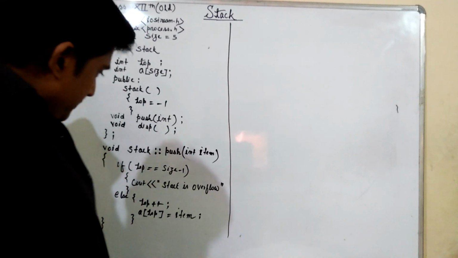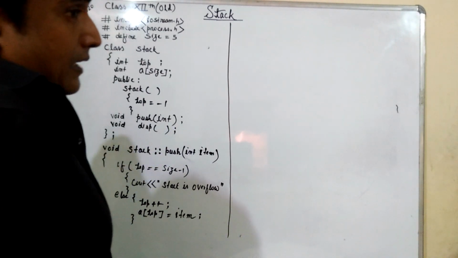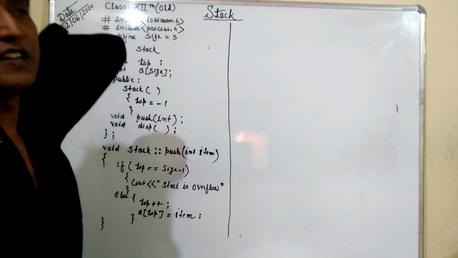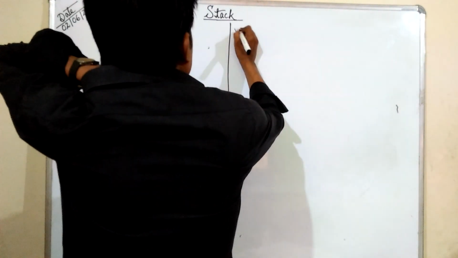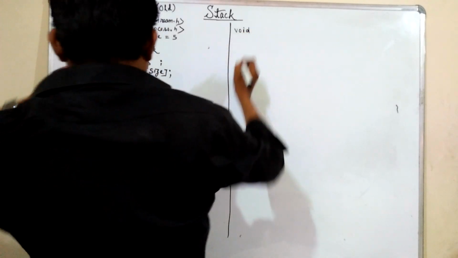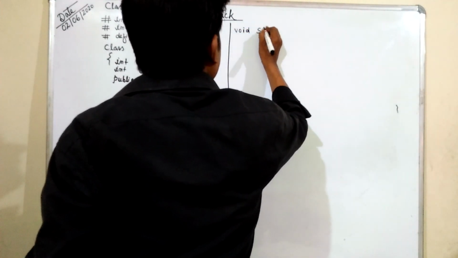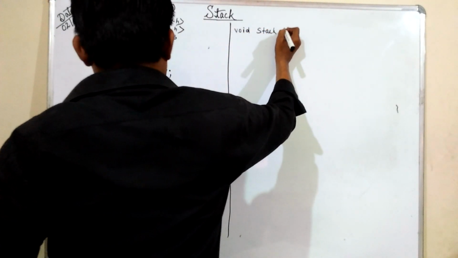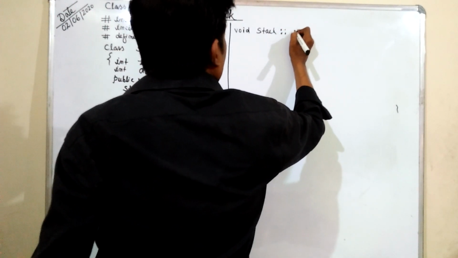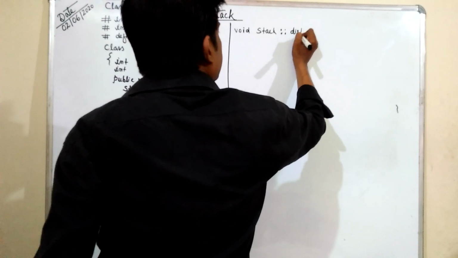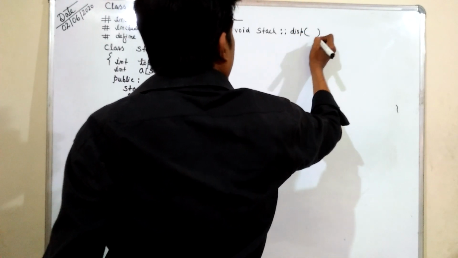Okay, now we are going to define this function for the display. Here we just use void and stack, like this, and put the scope resolution operator, and here this should be written.